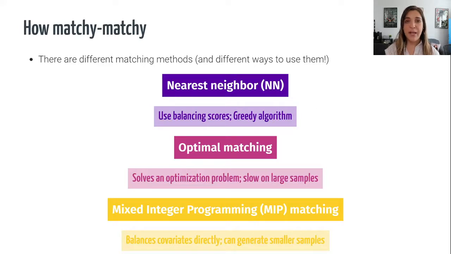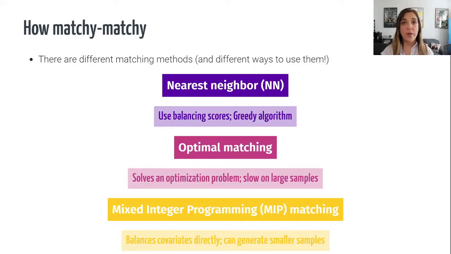While matching actually can balance covariates directly and can comply with any balancing restrictions that you propose in that sense with the sample that you have. Because a lot of the times it does have more restrictive balancing restrictions in that sense.